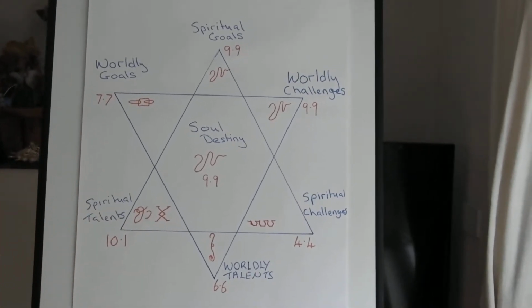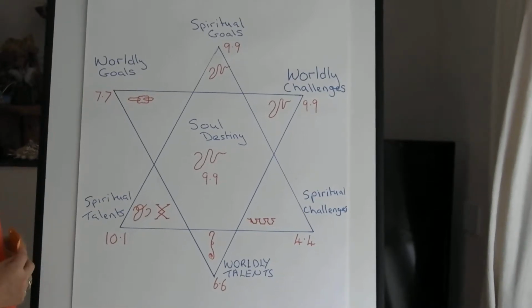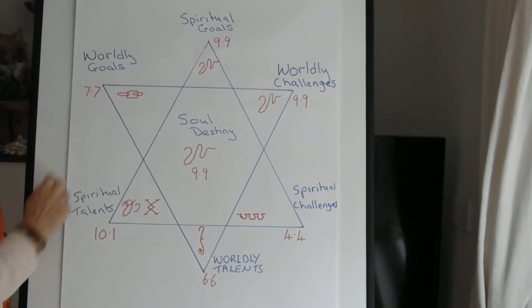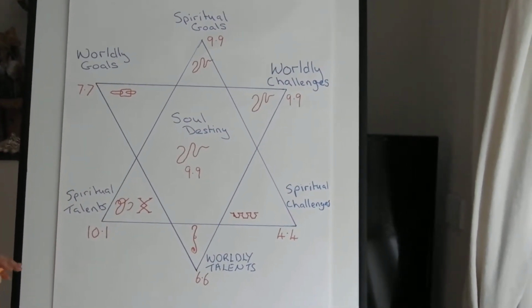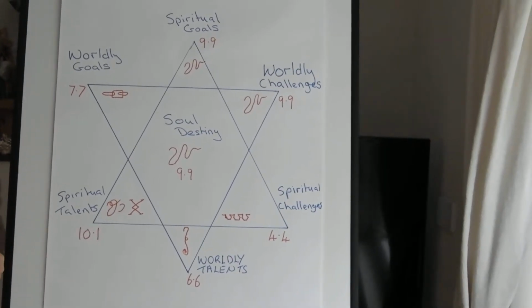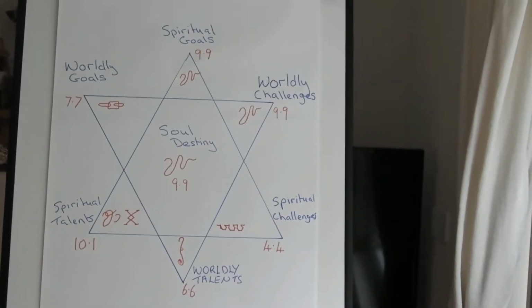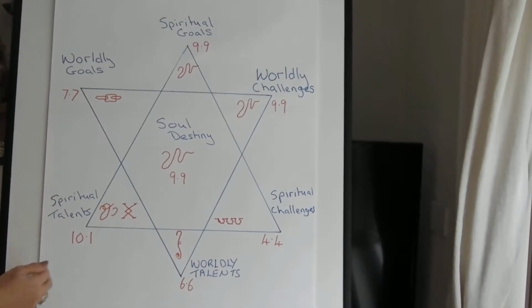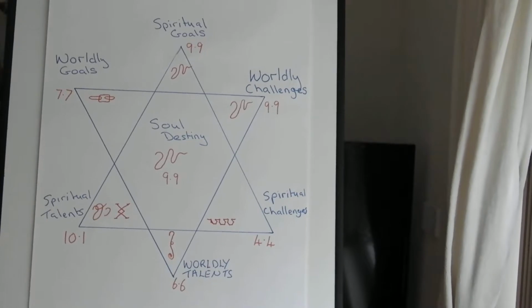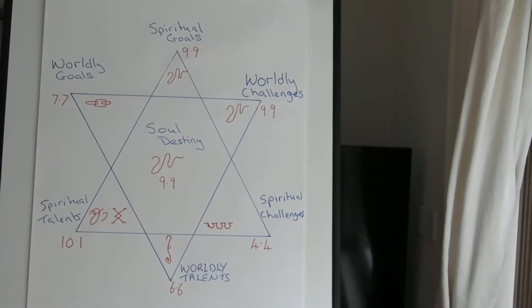Now, the chart is made up of the two triangles. The downward triangle represents your physical and worldly aspect of your life and is predominant from around birth to 35 to 40 years. The upward triangle represents your spiritual side of life.